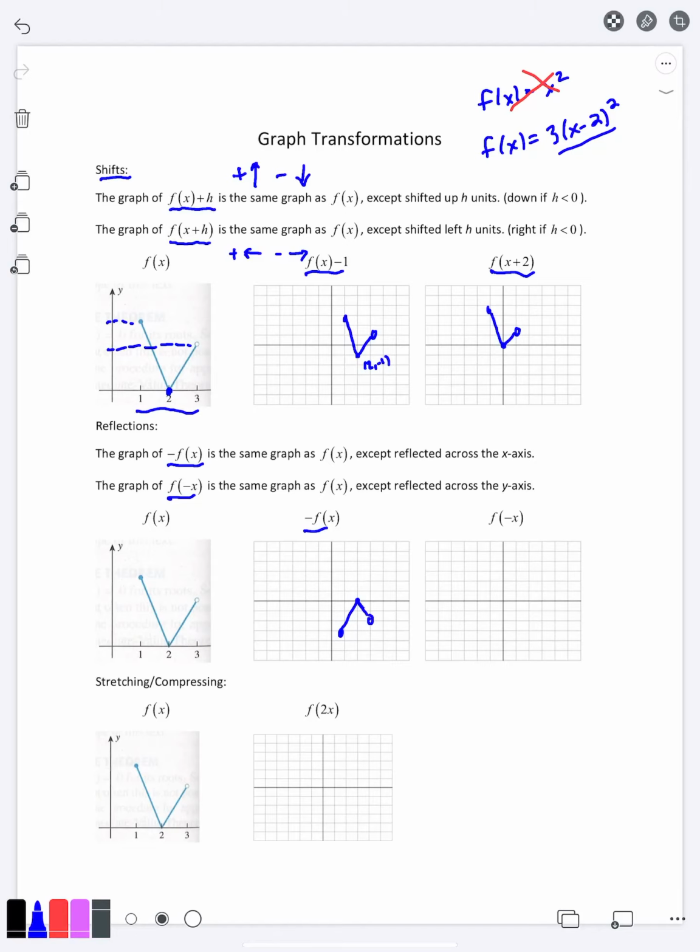And then on this other one, we're reflecting it left and right, but you've got to be careful because we're reflecting it about the y-axis. So instead of being over here at positive 2, it's going to be at negative 2. And again, it's the mirror image, so something along those lines. Okay, so you're reflecting it around one of the axes.